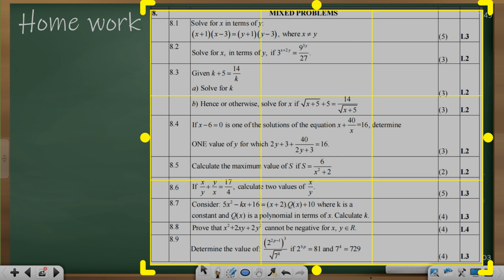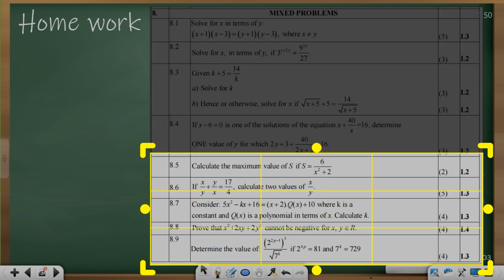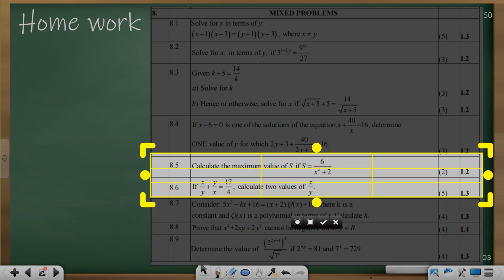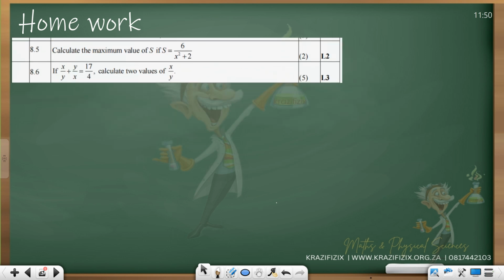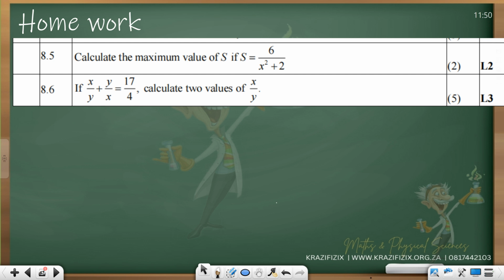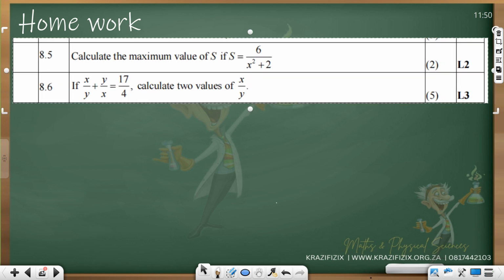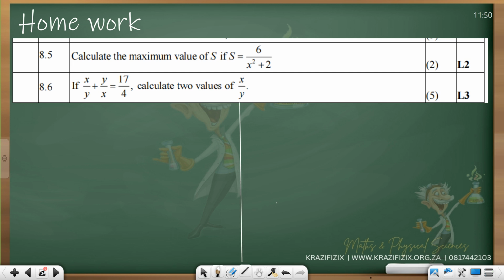All right, 8.5. Let me see if I can combine this. Maximum value.